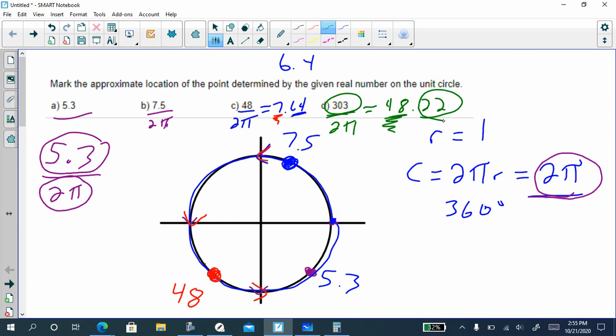So 22% of the next rotation, which 22% would be about here. So these are just distances traveled along the edge of the unit circle.